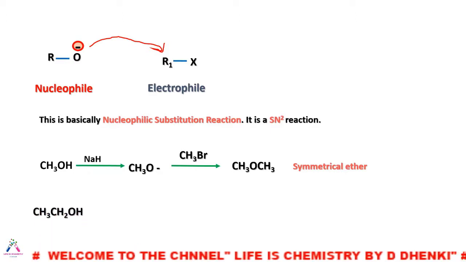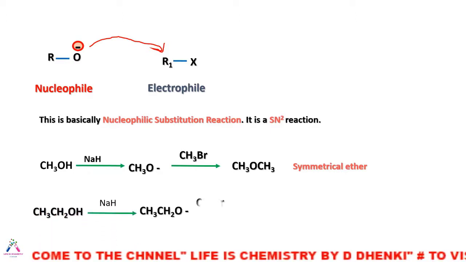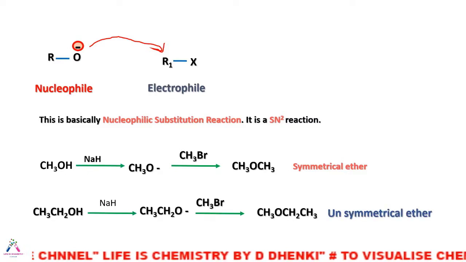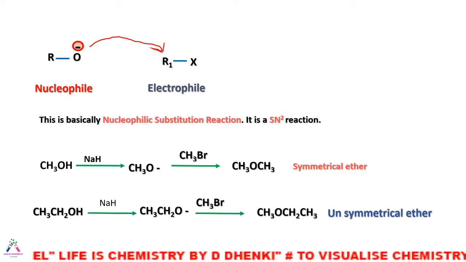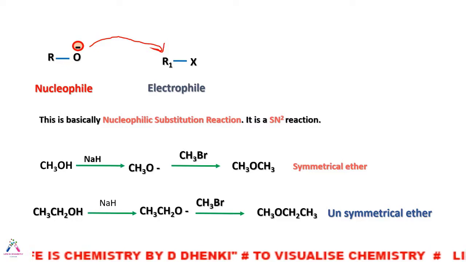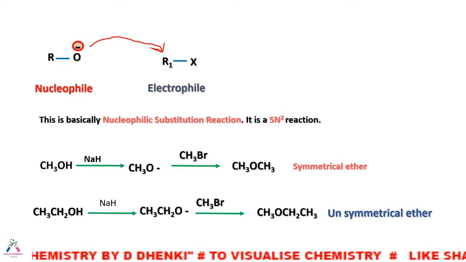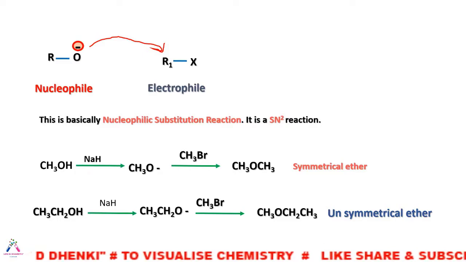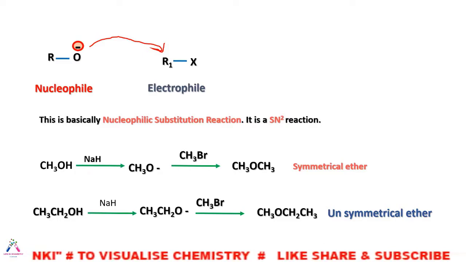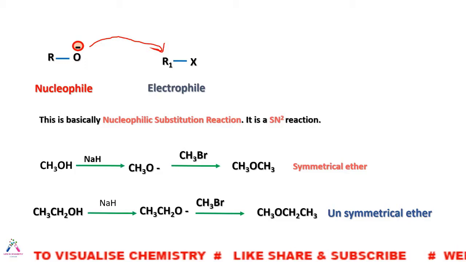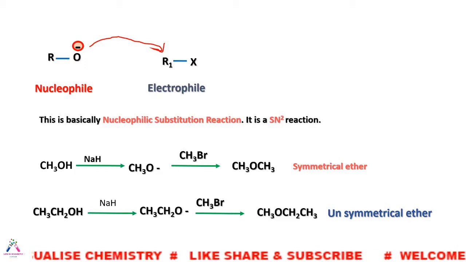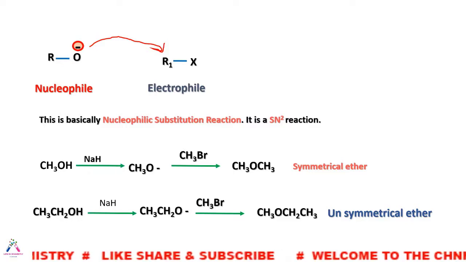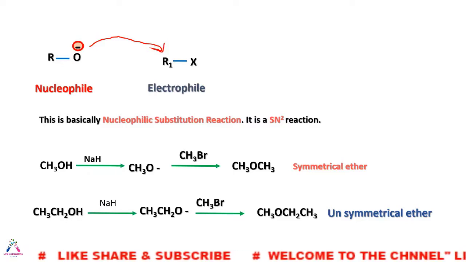Second one is, if we take ethanol and allow it to react with sodium hydride, it will produce ethoxide anion, and again it will react with methyl bromide and produce ethyl methyl ether, which is an unsymmetrical ether. So both symmetrical and unsymmetrical ethers can be prepared by the Williamson ether synthesis.